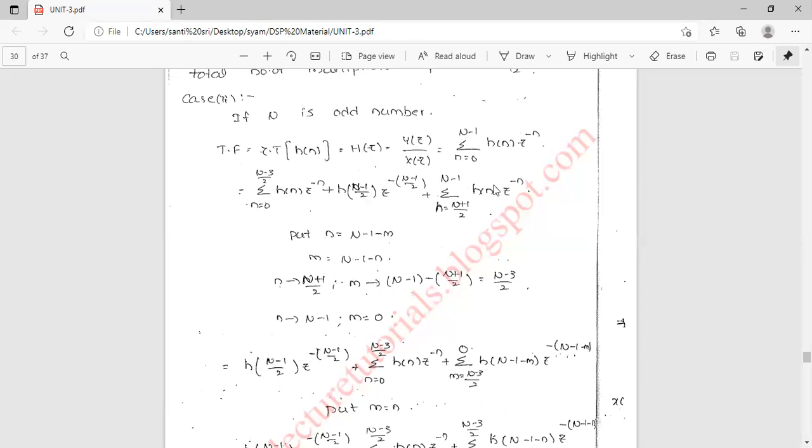So m equal to N minus 3 by 2 to 0. Okay. This one put m equal to n.